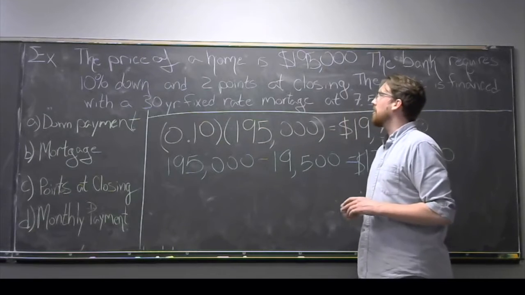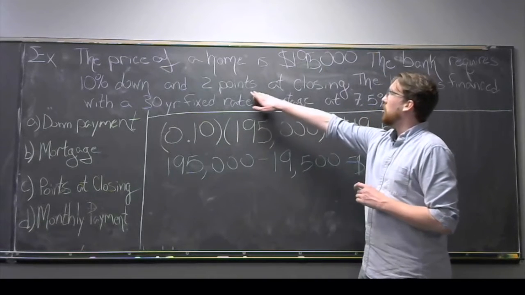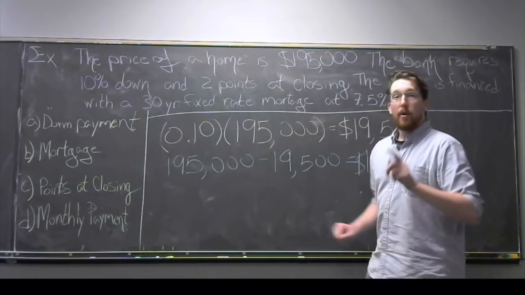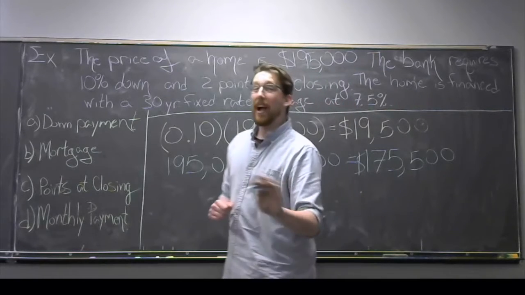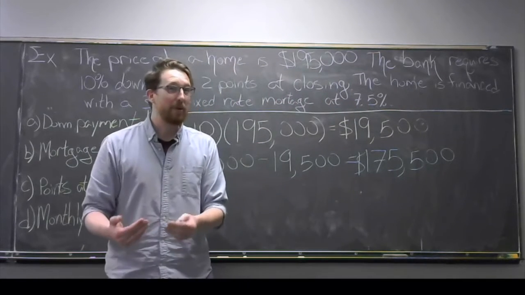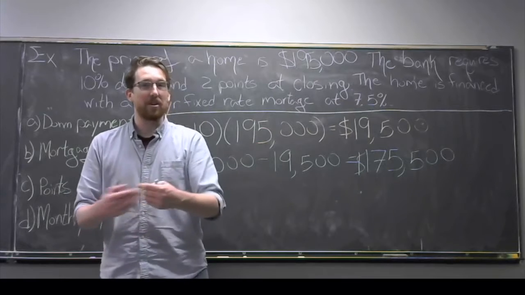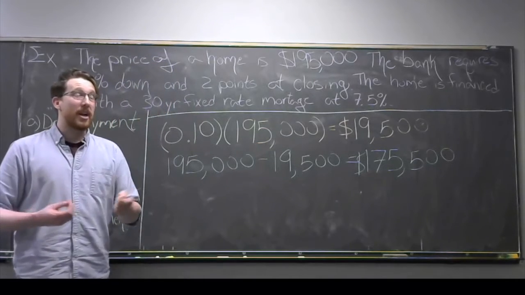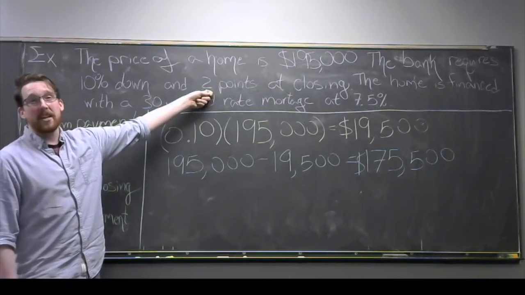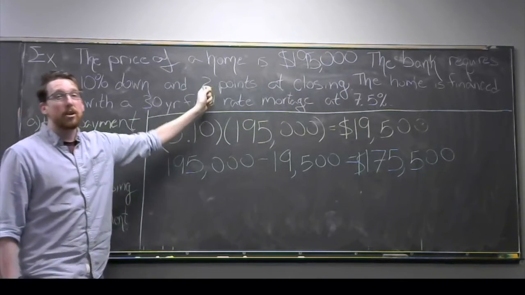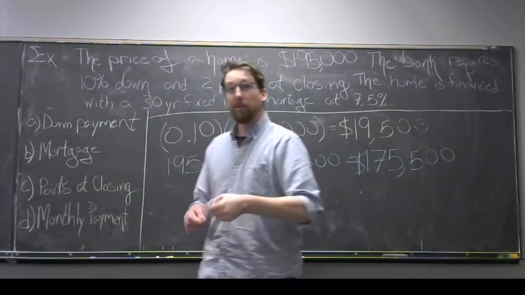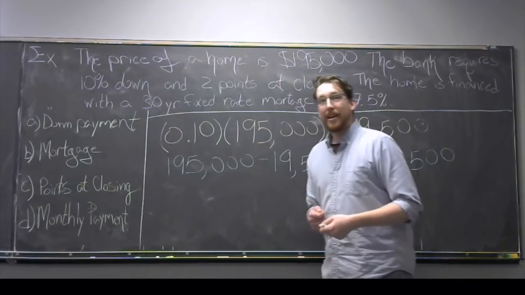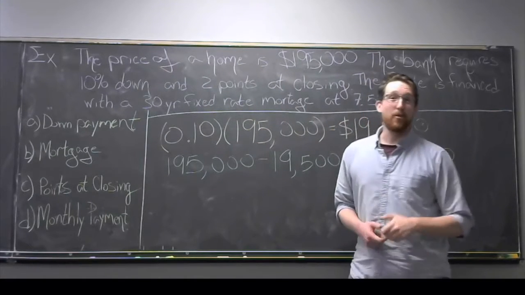Now this next part is a little strange. 2 points at closing. Personally, I've never actually understood why you pay these points at closing. My understanding is that this is actually a convenience fee. This is something that you pay the lender, the lending agency, and like I said, I don't know why.